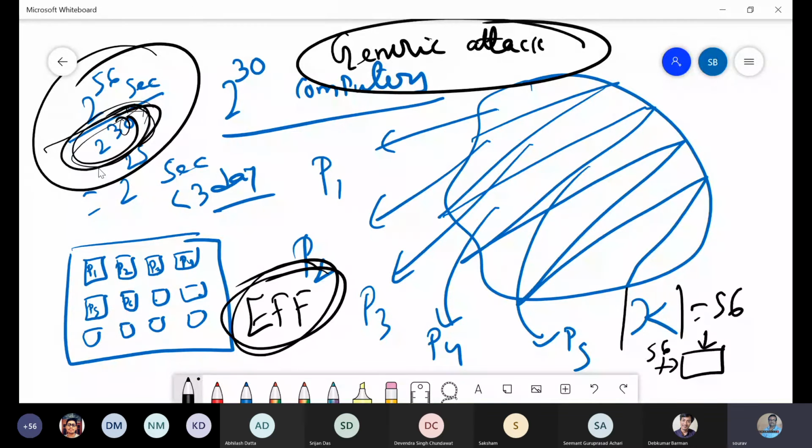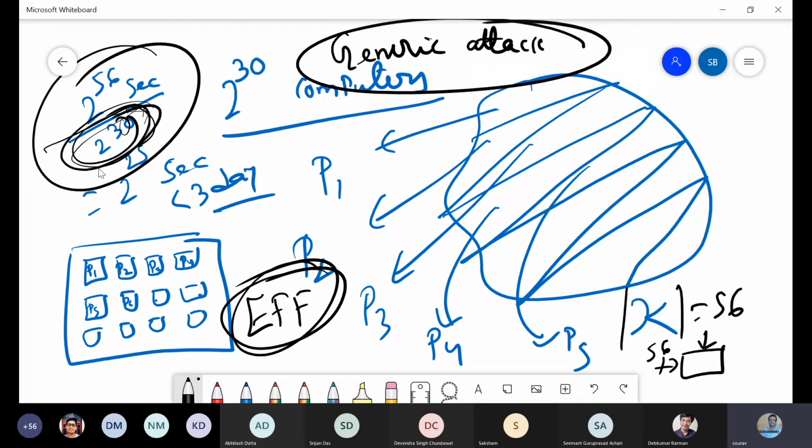We'll see that when we talk about this. So those are basically non-generic attacks. Some examples are differential cryptanalysis, linear cryptanalysis. Those are design specific attacks. We have to look at the design to get some drawback over there.